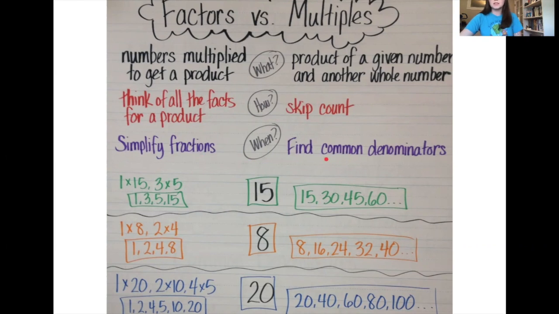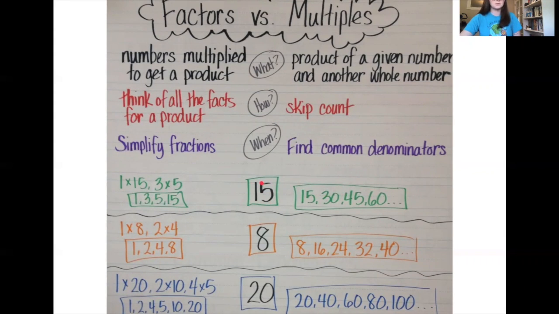If we were to list the multiples of 15, we would start at 15 and go 15, 30, 45, 60. So factors are like split apart multiplication problems that equal 15, and multiples are skip counting by that number.